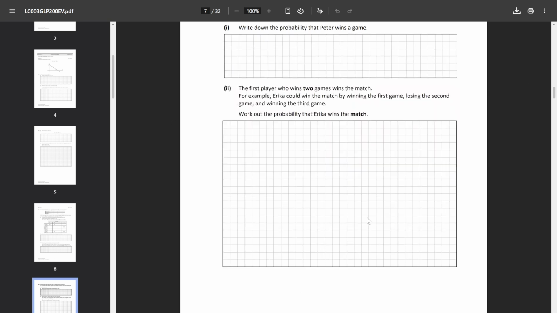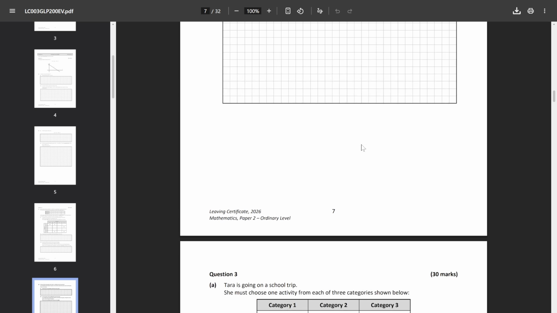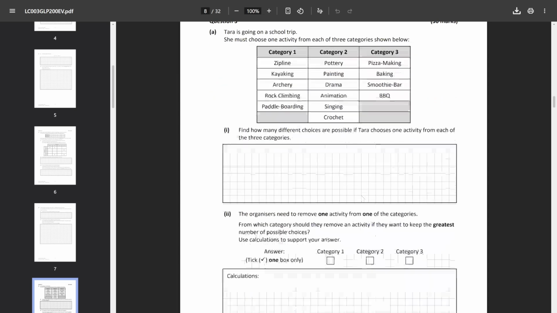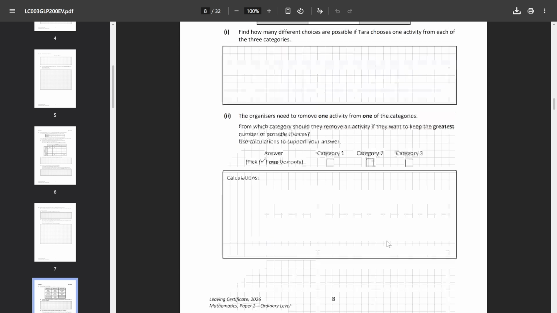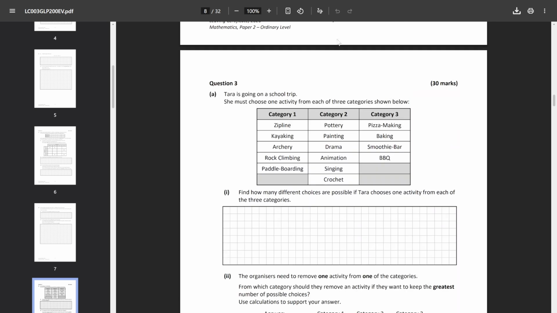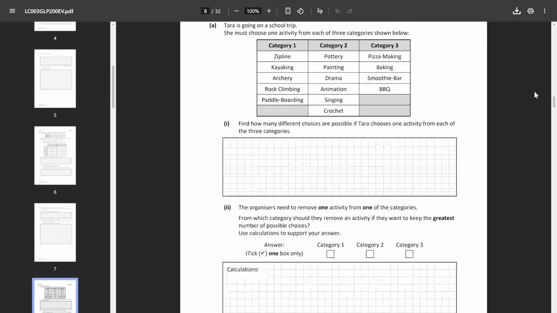Again, I practiced a lot of these with the ordinary level cohort, so this should have been okay if they followed the same strategies. Part 3 was some combinations questions, fairly okay, just using the fundamental theorem of algebra. And then another somewhat conceptual question. Of course, you could get away with just doing calculations, but conceptually it's okay to see which category to remove.